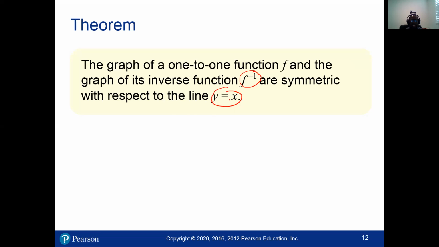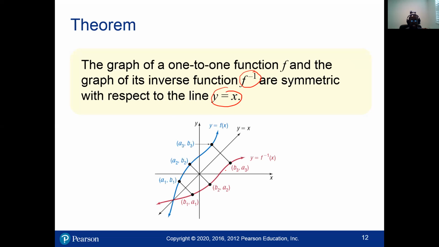So what is happening is that this is the blue, my f of x, and this is my inverse function. Please note this notation: the inverse is not the same as 1 over f of x, because f is a function, it's a name of a function.